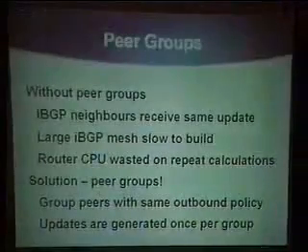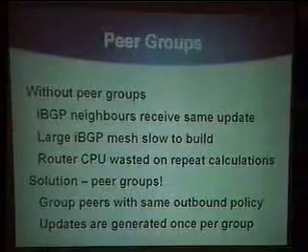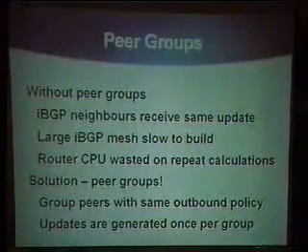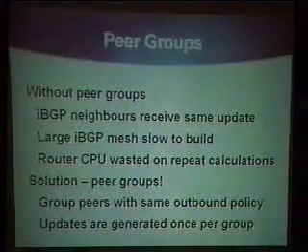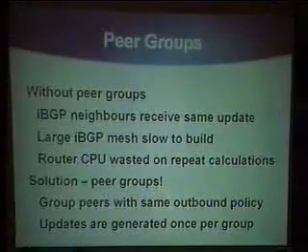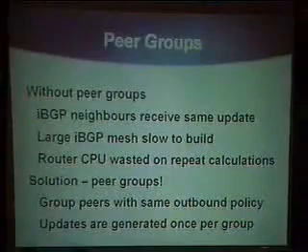Okay, the next thing, peer groups. Without peer groups, iBGP neighbors will receive the same update, because you've set up a full iBGP mesh and set the same configuration for everybody. It means a large mesh takes a long time to build.